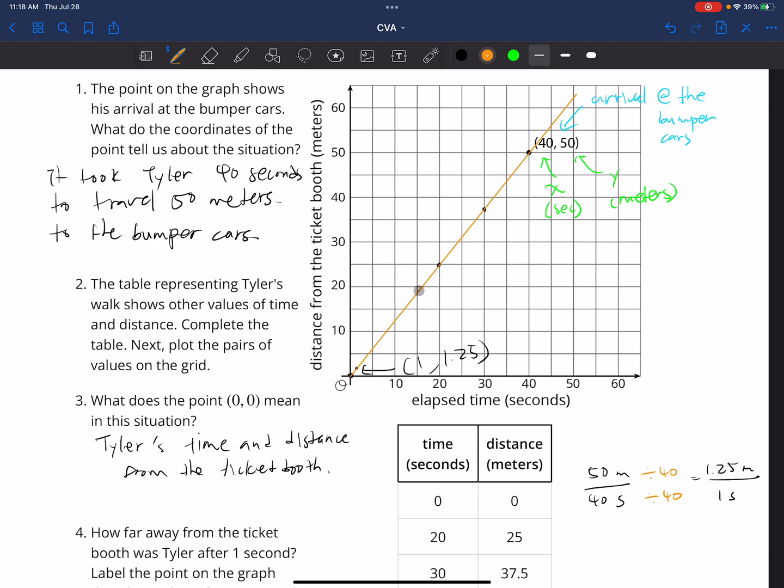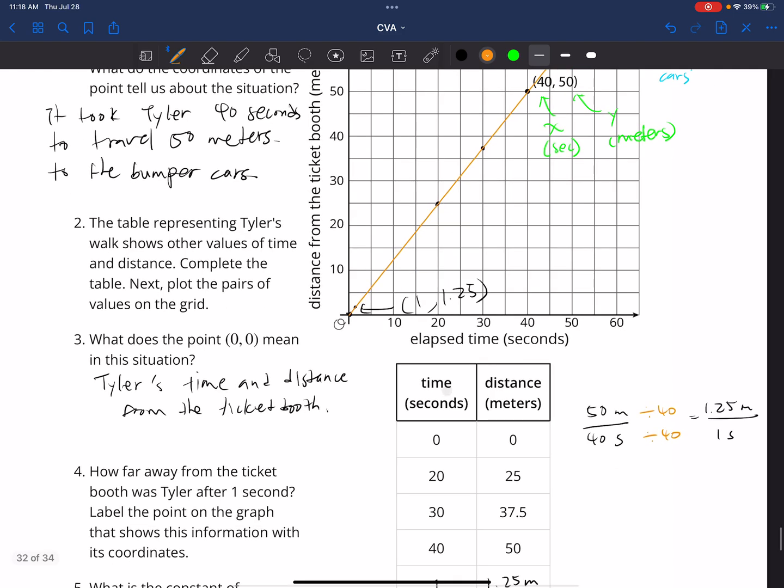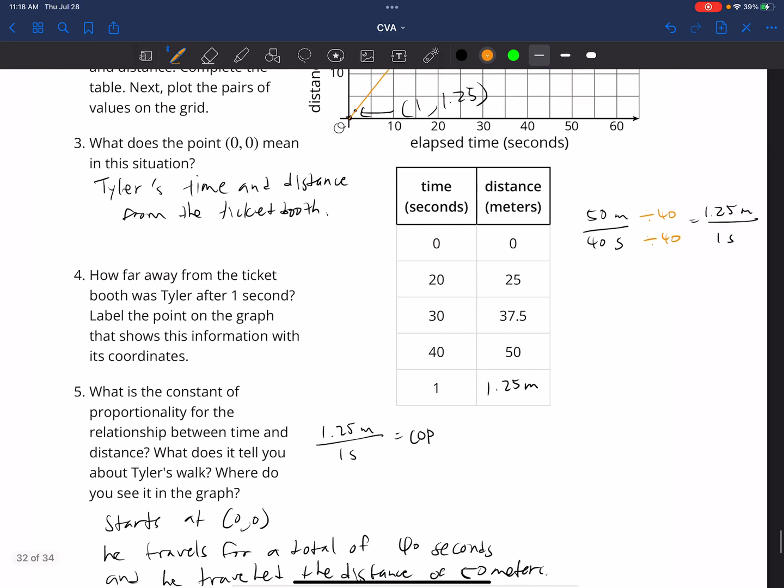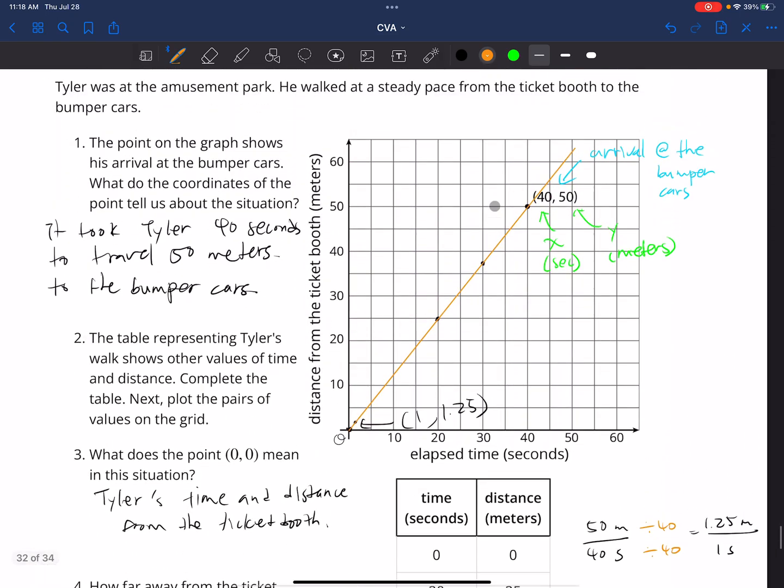Wow, that's kind of cool, right? How was it that I plotted these points and then somehow it made a straight line? That is the power of constant proportionality. In fact, this line needs to end right here. It shouldn't have this long part because he ends at 50 meters at 40 seconds, but that's what I have right there.